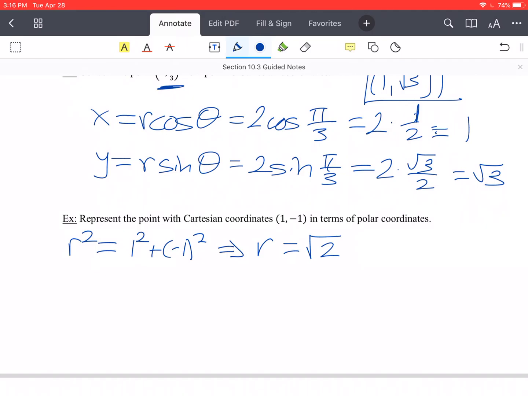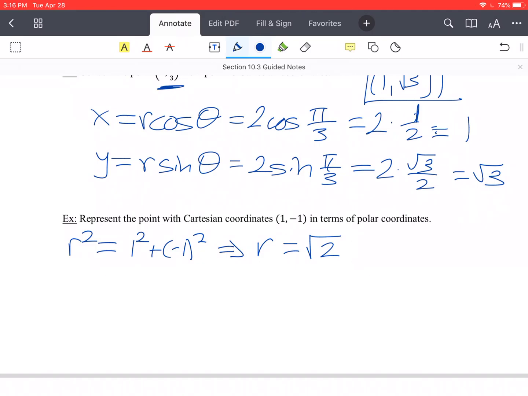We don't need the negative square root of 2 here, because if we were going to use the negative, we would have to rotate the angle some more. So we just let the angle tell us where we are, rather than trying to make plus and minus for the r values.